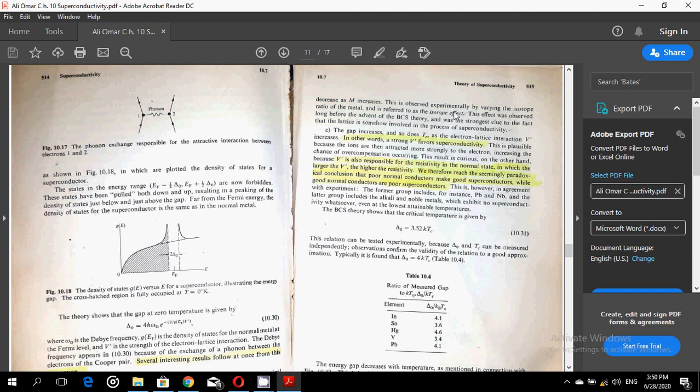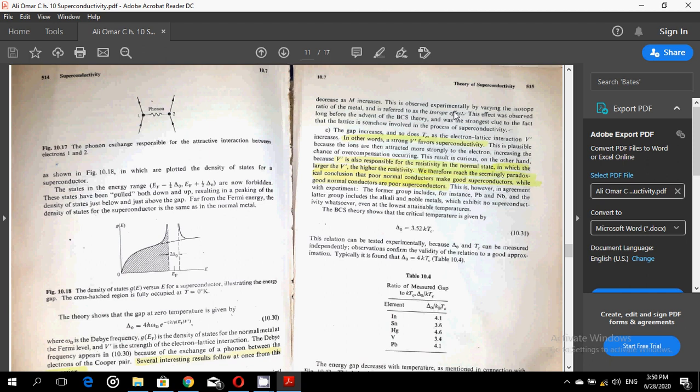So fair enough, what we are in fact presenting here is the result of the BCS theory, but the description we are giving here is quite reasonable and can be understood easily. The Debye frequency appears in 10.30 because of the exchange of a phonon between the electrons of the Cooper pair.